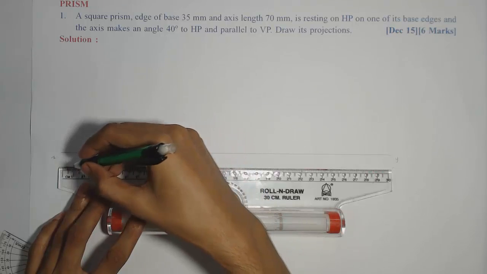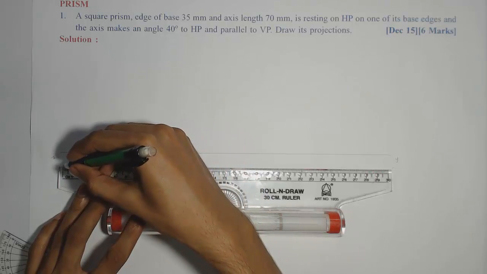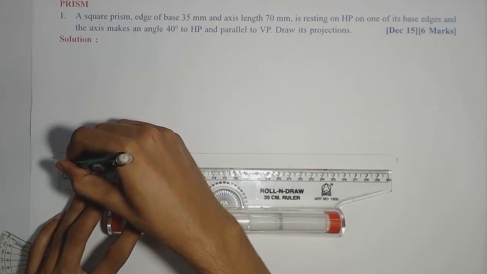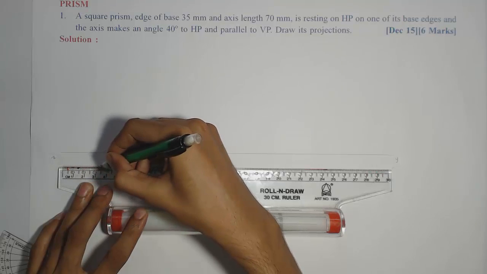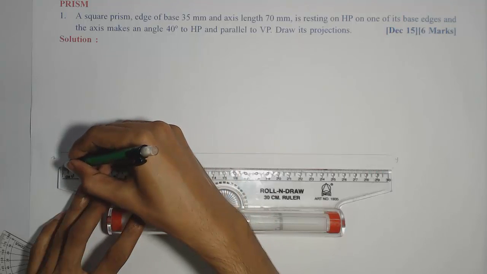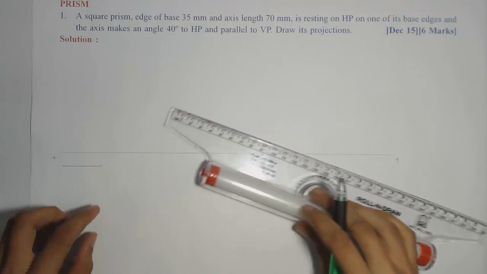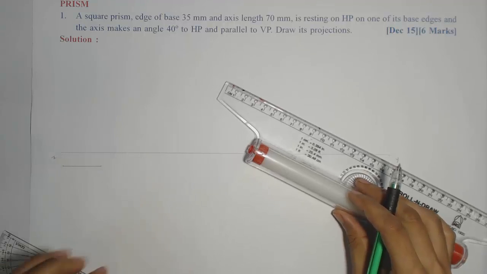Here there are two possibilities of drawing the base. One is a square with two edges parallel or two edges perpendicular to the XY line, and the other possibility is a kite shape. But here one of the base edges is given in the HP, so I have to keep one edge of the base on the right hand side.